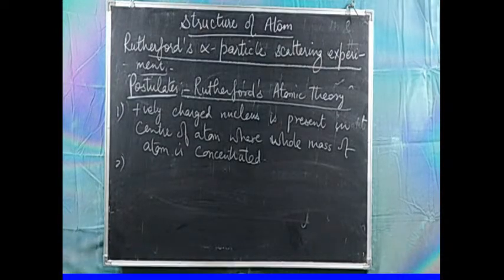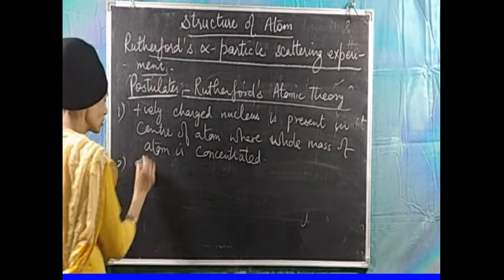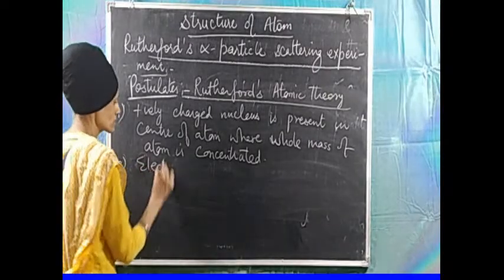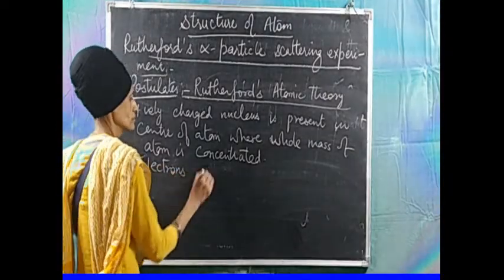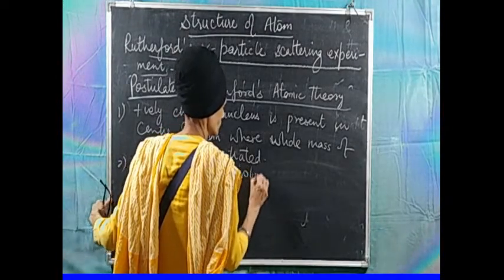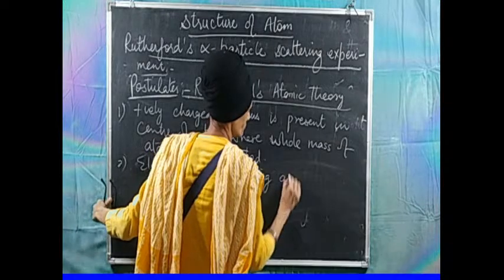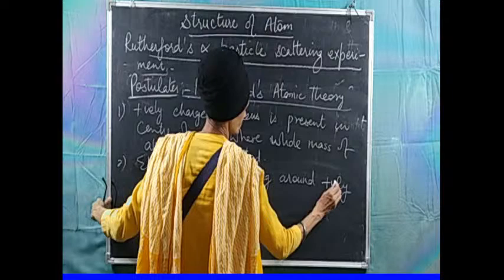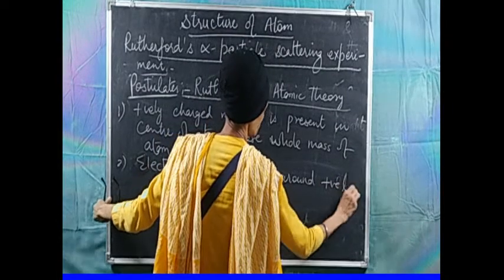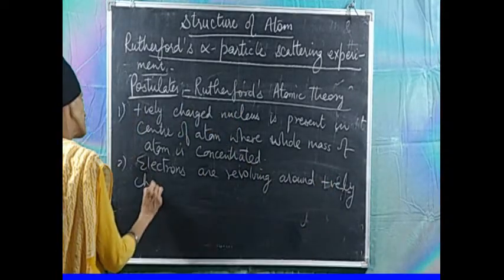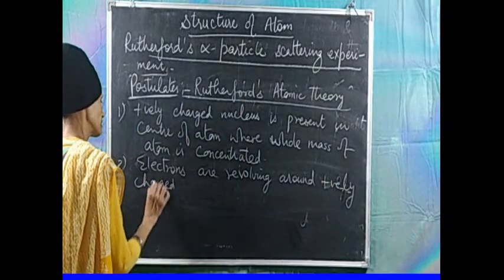Second, he said that electrons are not stationary, as was postulated by Thomson. He said that electrons were revolving around the nucleus, around positively charged nucleus.